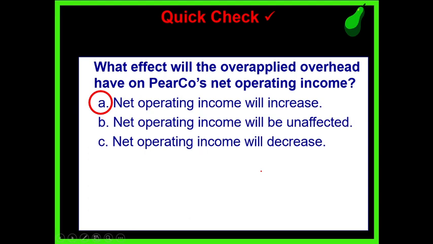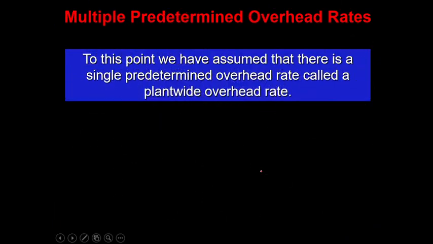Dapat, what is now the effect of the journal entry to record or to close the overapplied overhead? Because your net income is understated, the entry will increase the net operating income. So, ganun dapat. Medyo kulang lang yung pagkaka-question dyan.